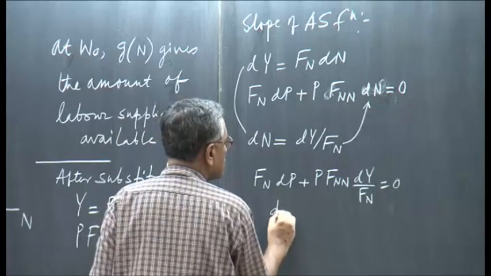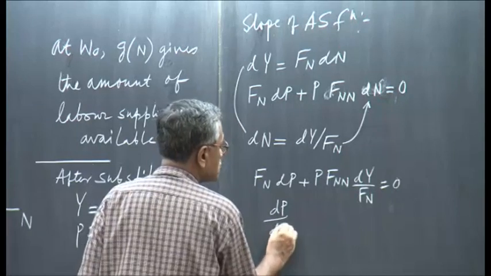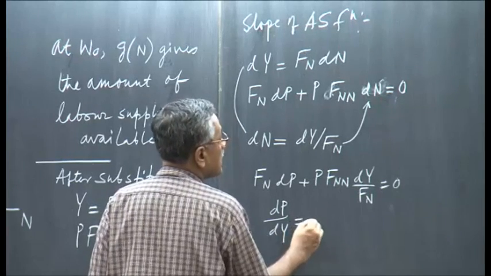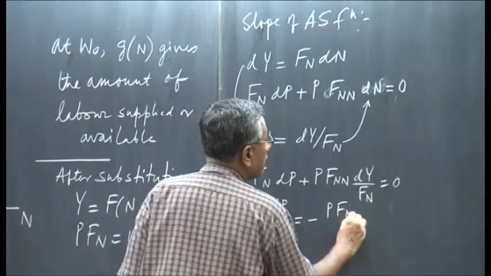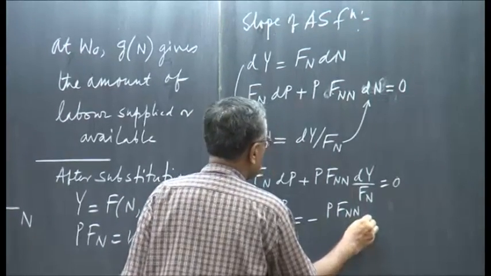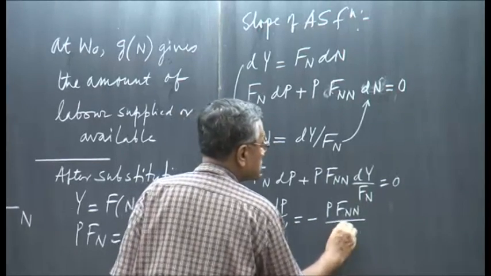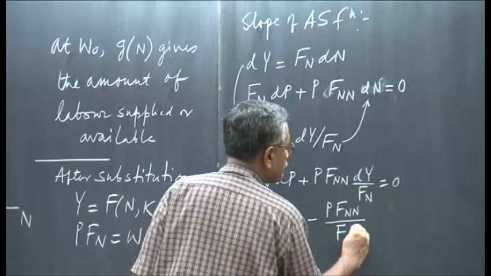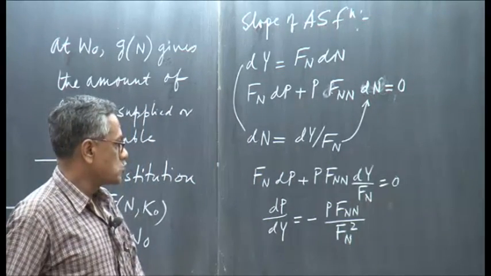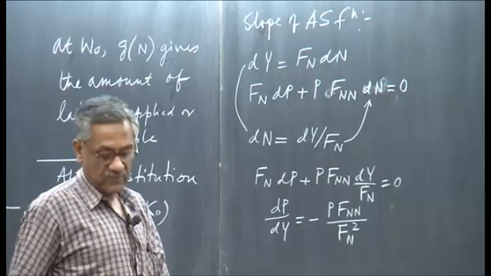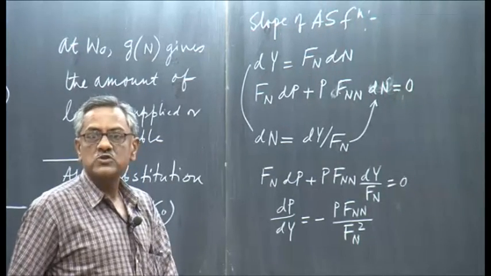So, dp/dy, the slope of the aggregate supply function, is equal to minus p Fnn divided by Fn square.